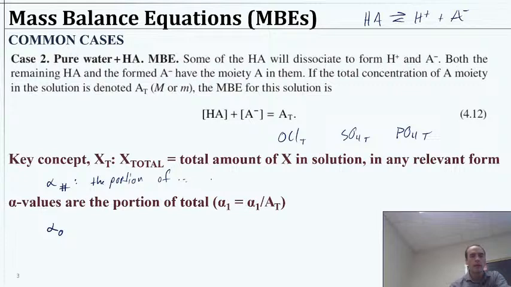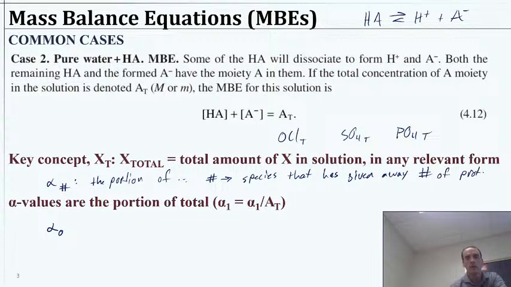And that little number sign should mean the species that has given up, or given away, we'll say, that number of H plus, of protons.